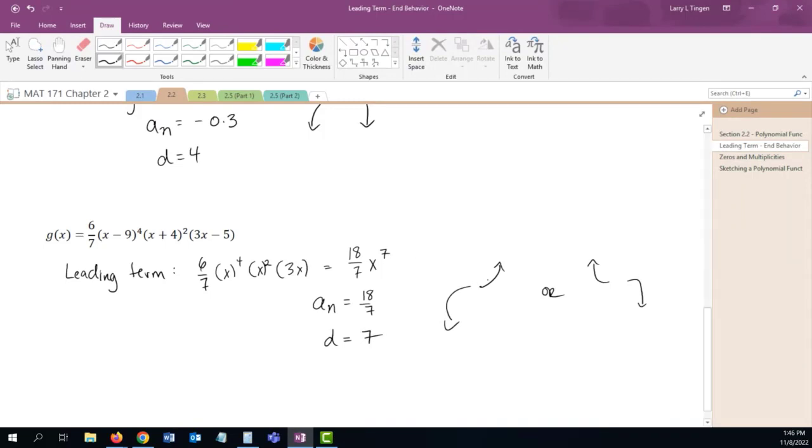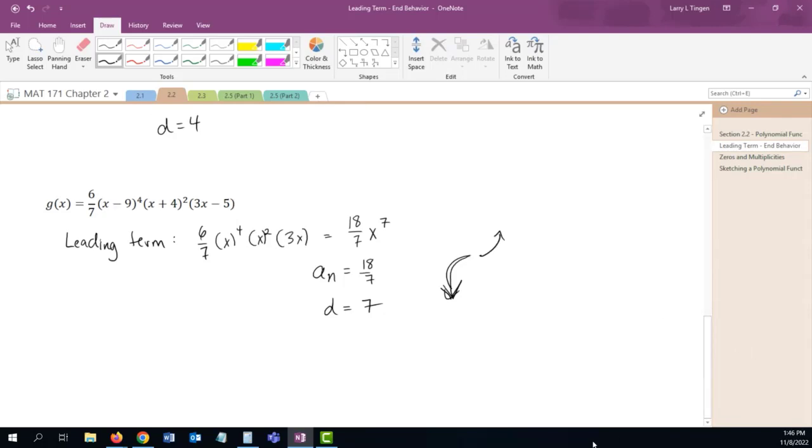And then multiplying by 18/7, it doesn't flip or change the behavior, it just makes it even more negative. So this is the one. Okay. Leading terms. Good.